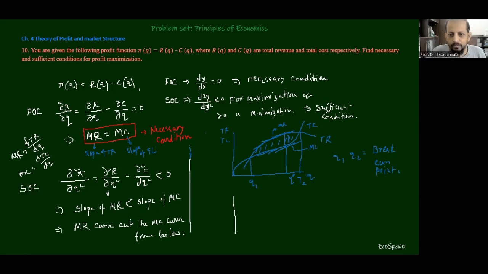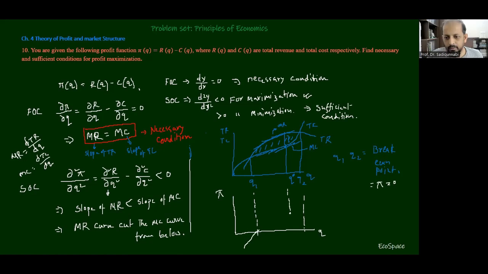The profit curve should start from the break-even point, where profit is 0, reach its maximum point somewhere there, and then fall down.